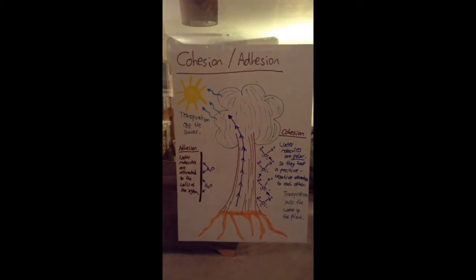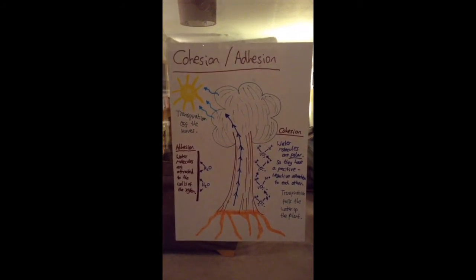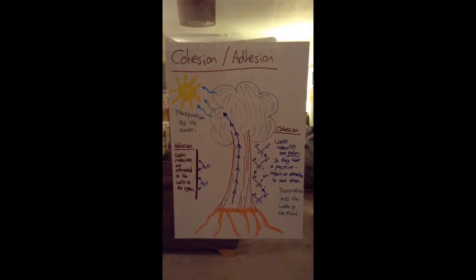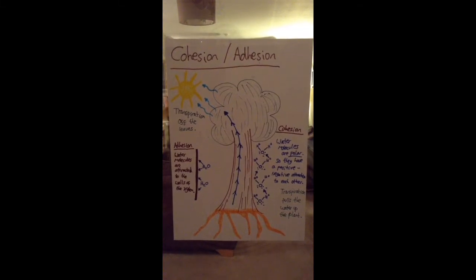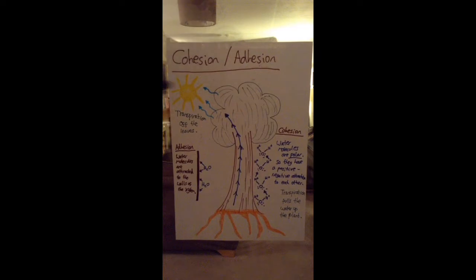And one of those ways is cohesion. And cohesion is when the water molecules are actually polar, and you'll learn more about that in chemistry if you do it, which means they have a positive to negative attraction between each other. So I've drawn it out here.